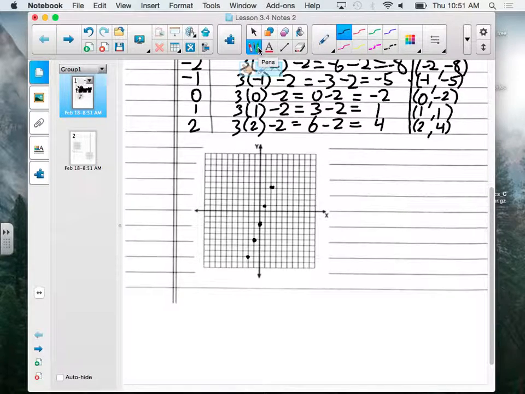Yeah, just like Jesse said, since your domain is all real numbers, you have to account for every value that goes beyond just your few points that you have here. So you have to make a line that goes outside your graph. How do you know there are numbers?